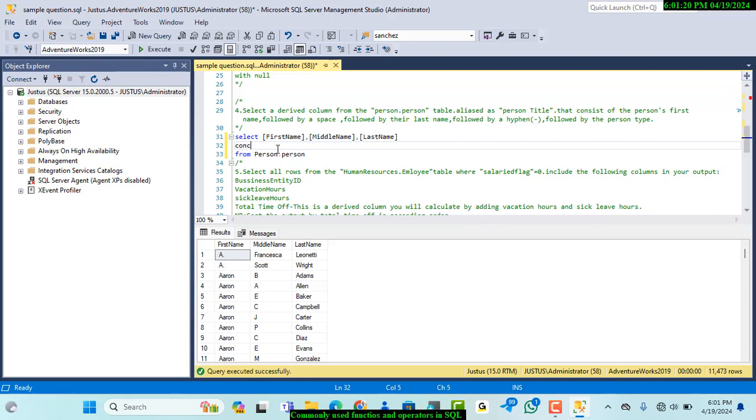Now then I use the function name CONCAT_WS, concat with separator.